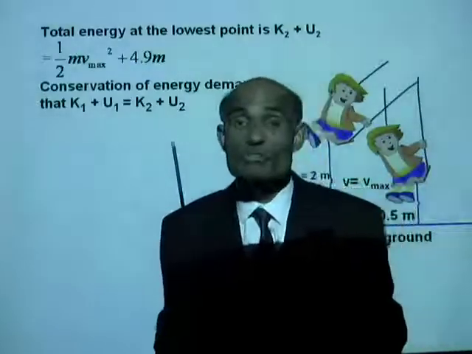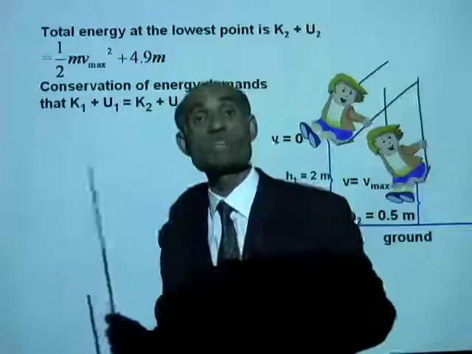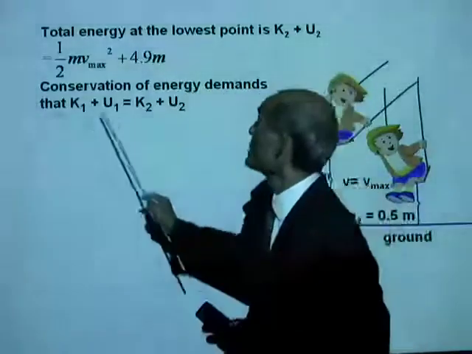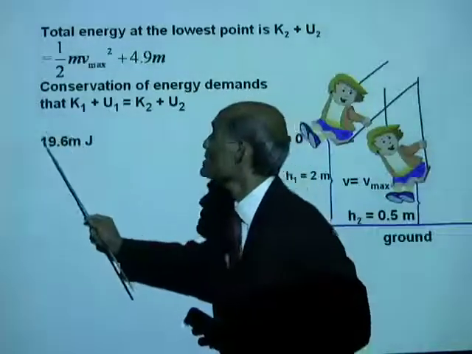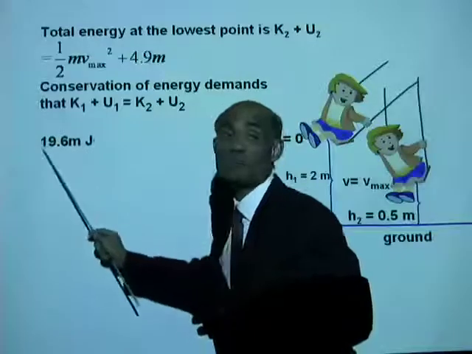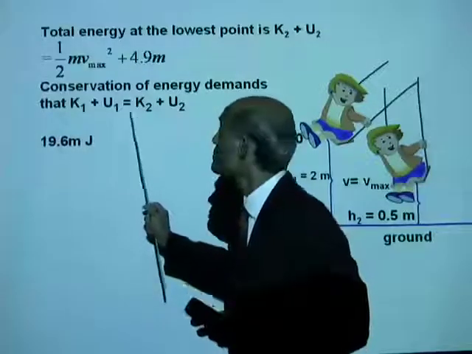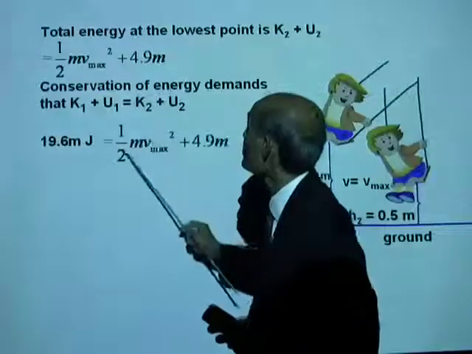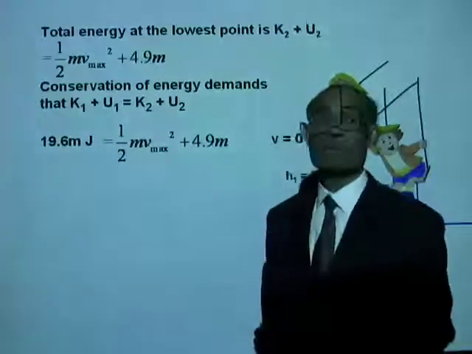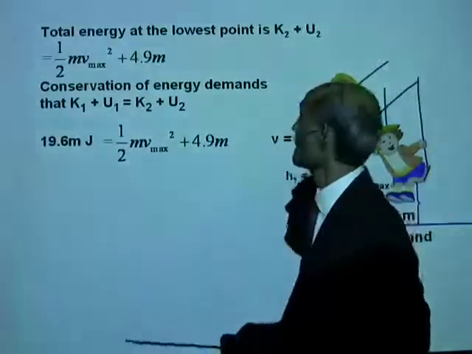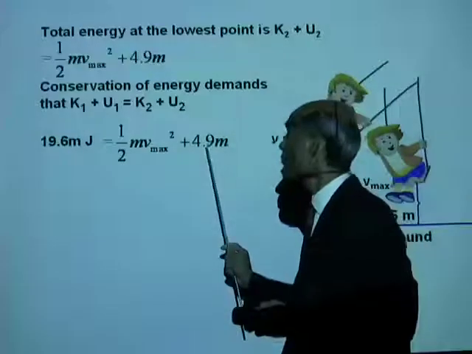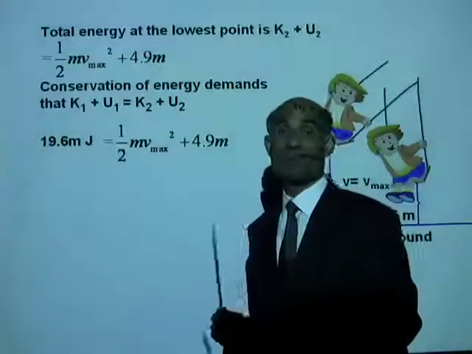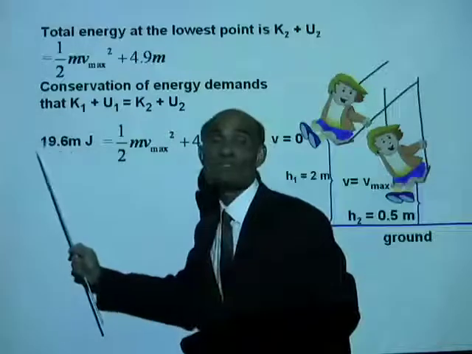The total energy cannot change. It must be conserved. That means K1 plus U1 is 19.6 m joules. K2 plus U2 is this quantity, 1/2 m v max squared plus 4.9 m.